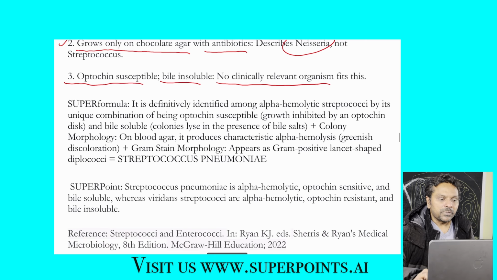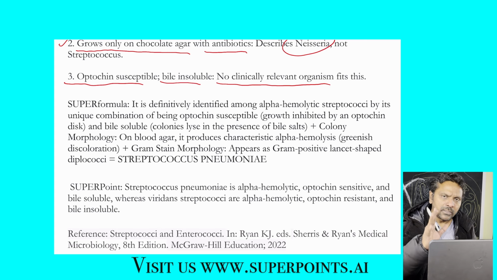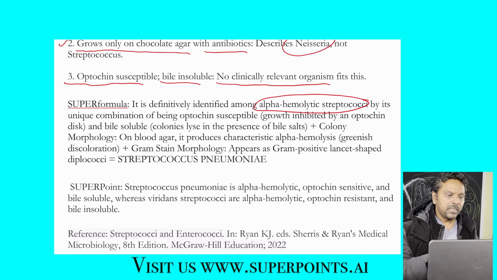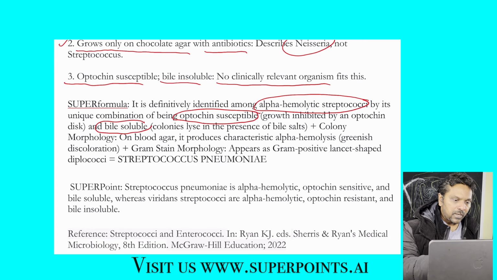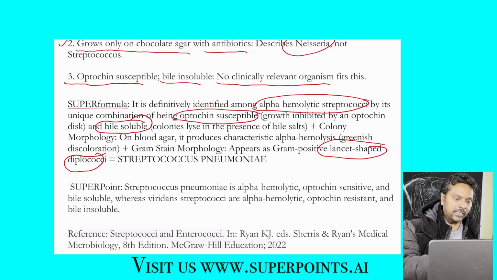What about the super formula? The super formula is identifying the keywords and getting to your answer in 5 seconds. Whenever you see alpha-hemolytic streptococci that are optochin susceptible and bile soluble, and then lancet-shaped diplococci, the answer is Streptococcus pneumoniae.